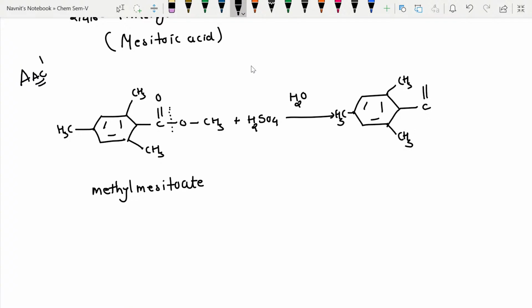This carbocation is formed when I break the bond between acyl and oxygen. And this carbocation is known as an acylium ion. And it gives methanol as a byproduct. So later on, this acylium ion combines with water and gives the acid.